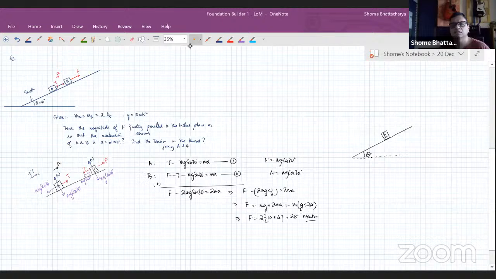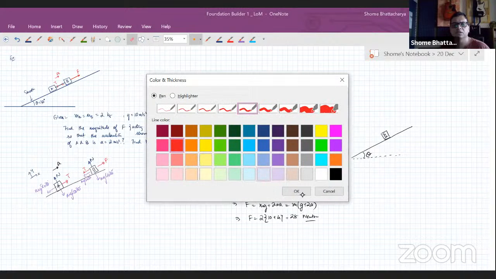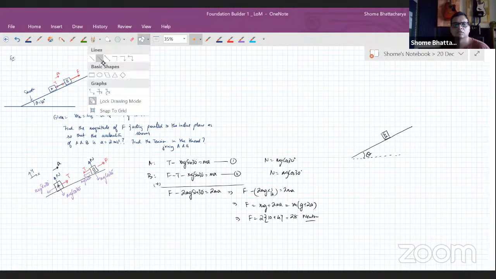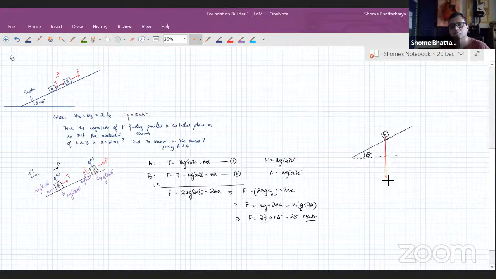So if this angle is theta, then the mg vector which acts vertically downwards, we draw the axis like this along the inclined plane and parallel to the inclined plane. You can see that this is forming a right angle triangle. So this angle here is 90, so this angle here is 90 minus theta, so this angle is theta.